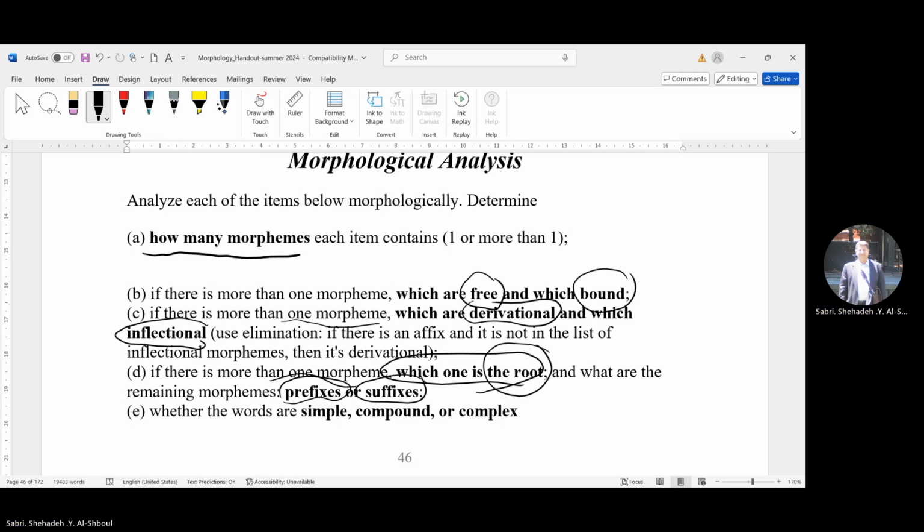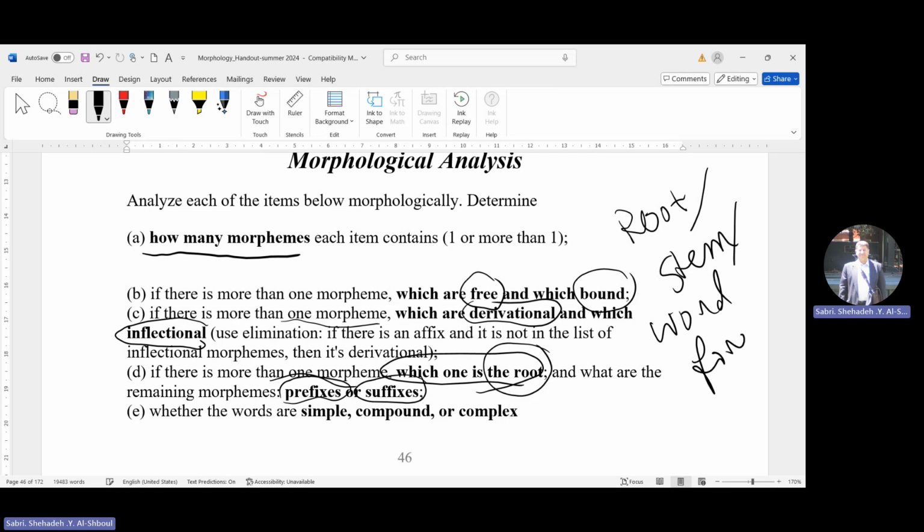So actually here, it is important to know what the root is, of course, what the stem is, what the word form is, and what the base is, also the base form.